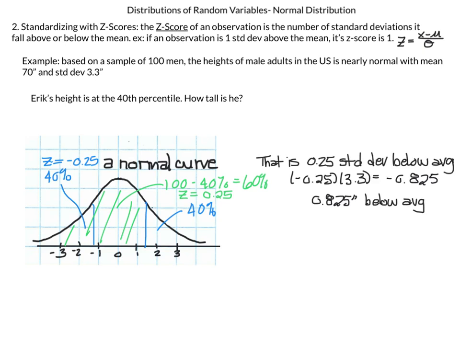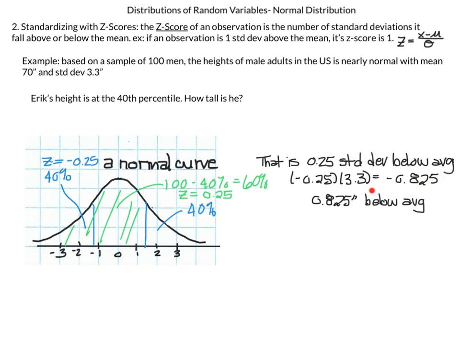There are several ways we can summarize this. It's 0.25 standard deviations below average, or negative 0.25 standard deviations away from the mean, and then we can multiply it by the standard deviation, 3.3 inches, and we get negative 0.825 inches.